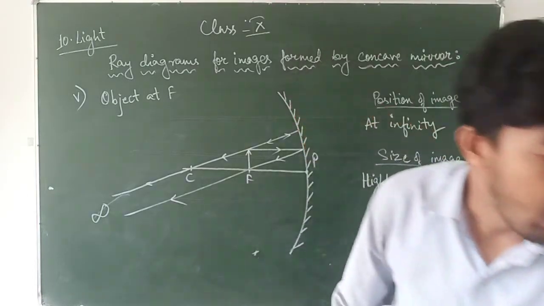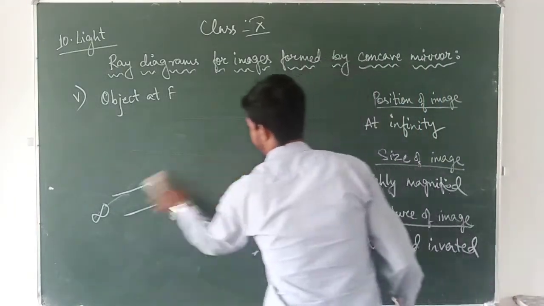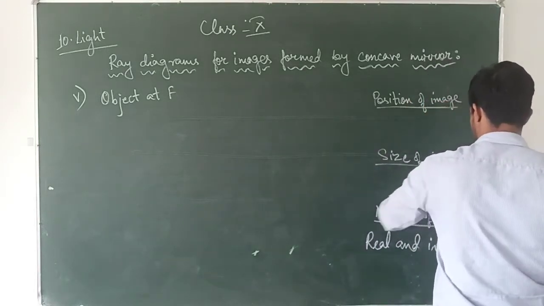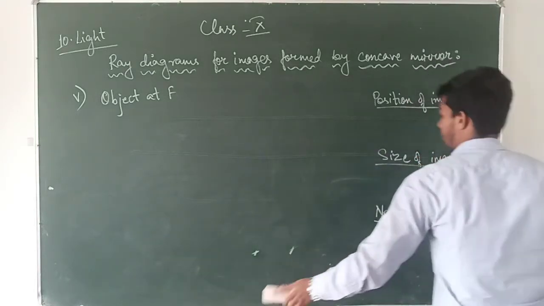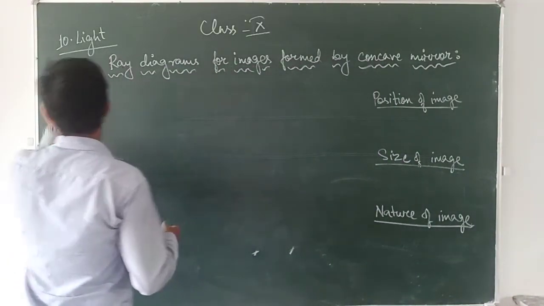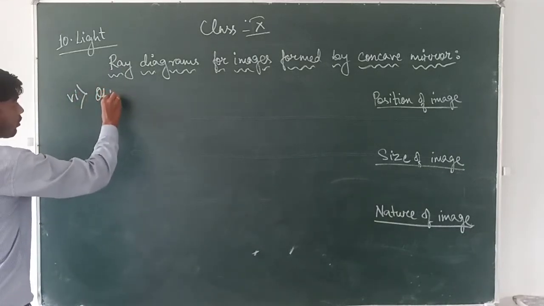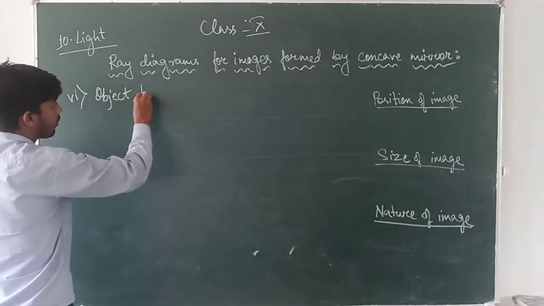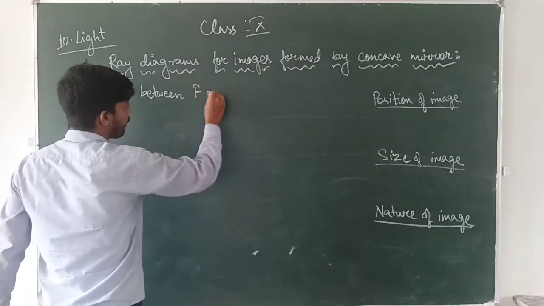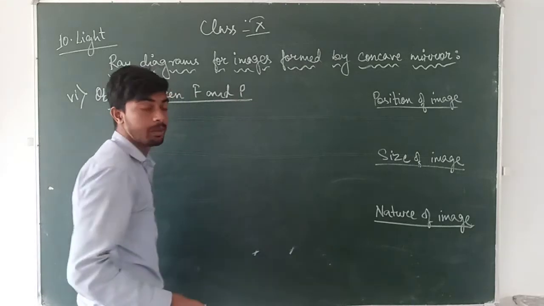Now we move to the last position of the object. So our sixth position, object between F and P, means between the focus and the pole.